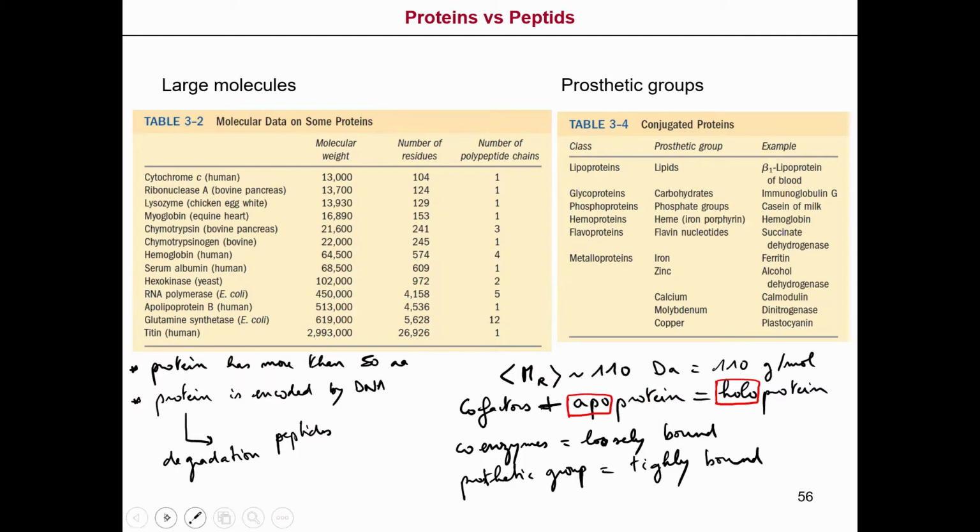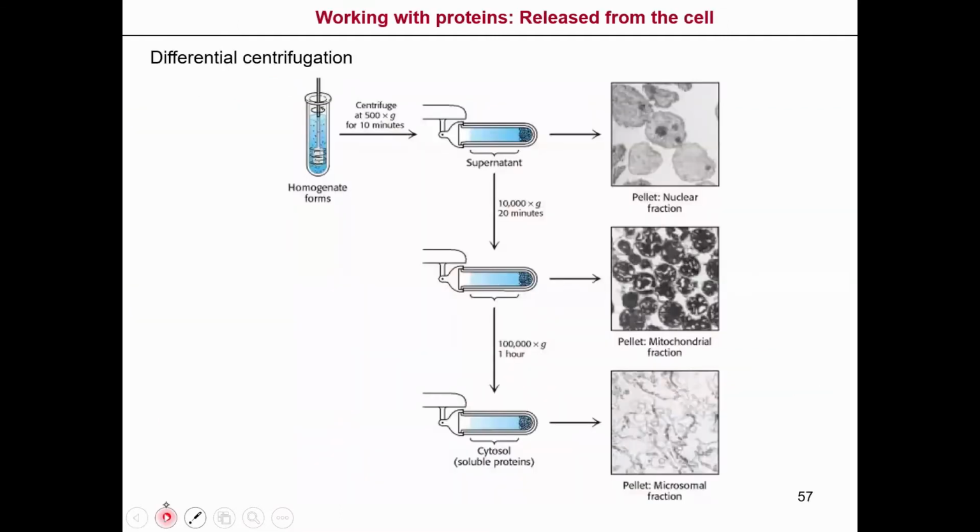So after we will see several techniques to extract, purify, and study the enzyme. So the first one, the protein must be released from the cell to be purified, and after to be studied to know their function, for example.